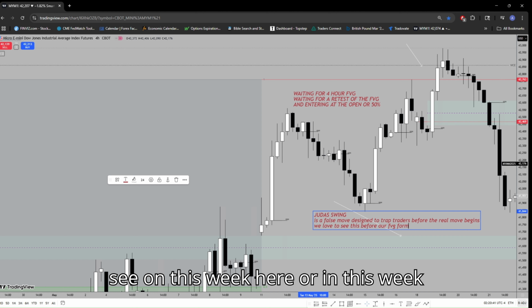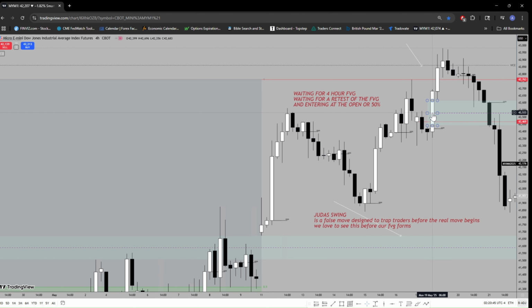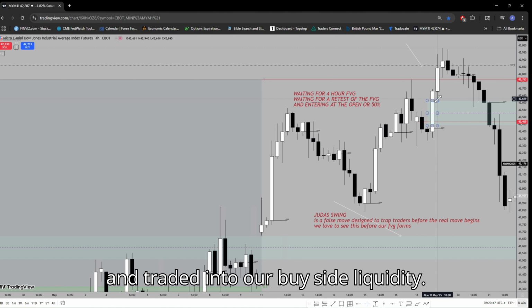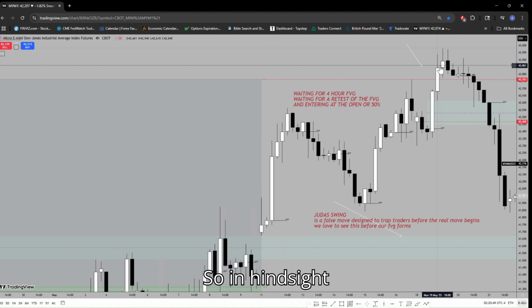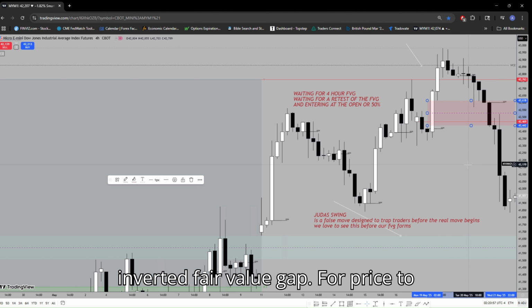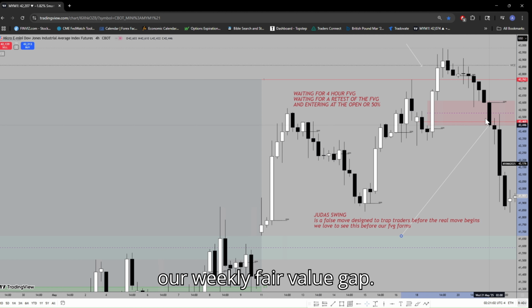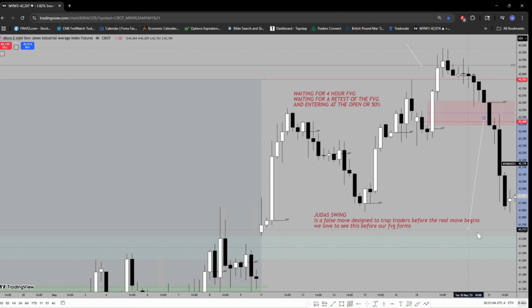But as we can see in this week, we formed a fair value gap and traded into our buy side liquidity. So, in hindsight, we would rather want this to act as an inverted fair value gap for price to trade all the way down into our weekly fair value gap.